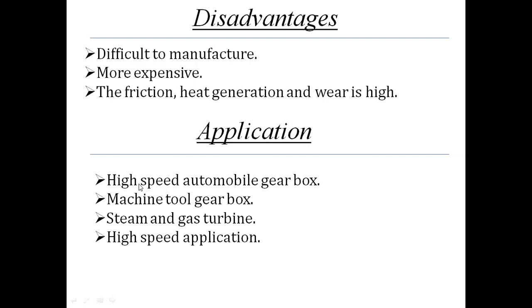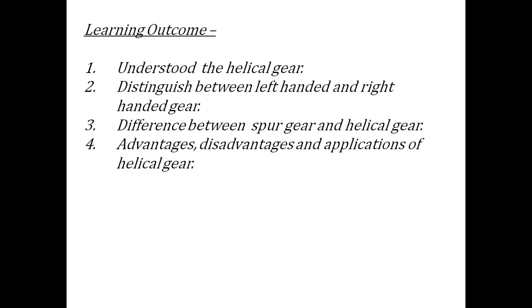These are some applications: high speed automobile gearbox, machine tool gearbox, steam and gas turbine, and these gears are used for high speed applications. Okay student, these are some informations regarding helical gear.